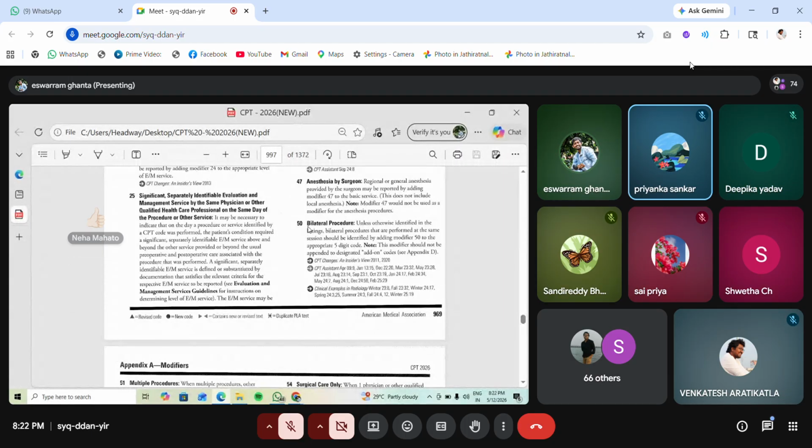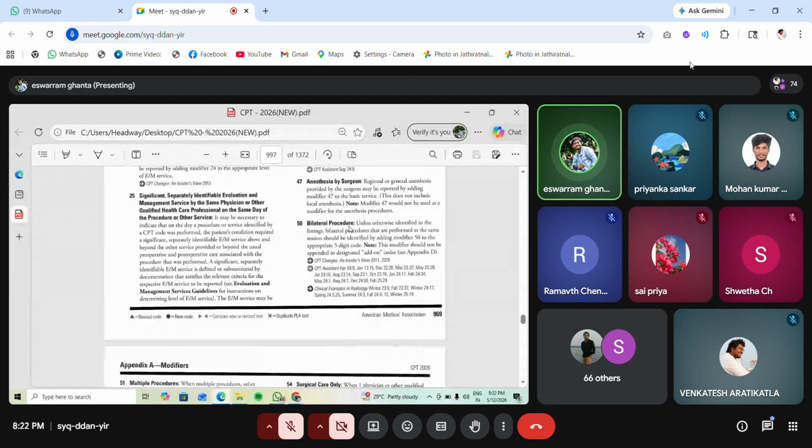This is the bilateral procedure. The 50 modifier indicates the bilateral procedure, that means two sides. Those who were in class yesterday already know about the 50 modifier because we discussed it. If any procedure happens to both lateralities, right side and left side, that is considered a bilateral procedure.